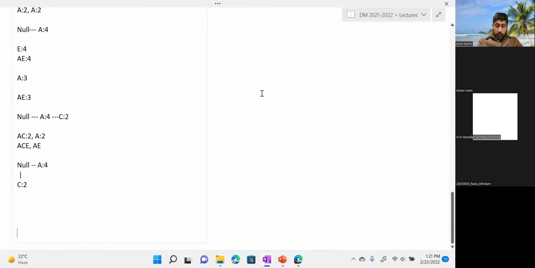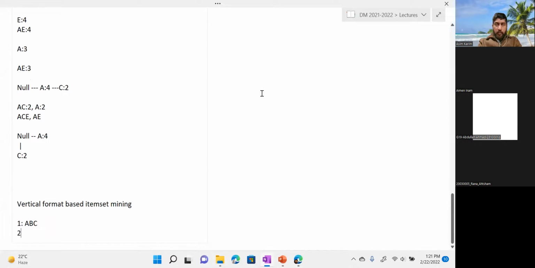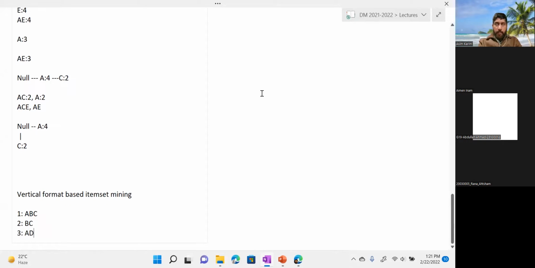So now let me just quickly discuss a final class of algorithms. Again, this will be discussed very briefly, which is vertical format based item set mining. So far we have talked about transactional databases that looked like this. So you have the first transaction 1, let's say ABC, transaction 2, let's say BC, and transaction 3, let's say AD.